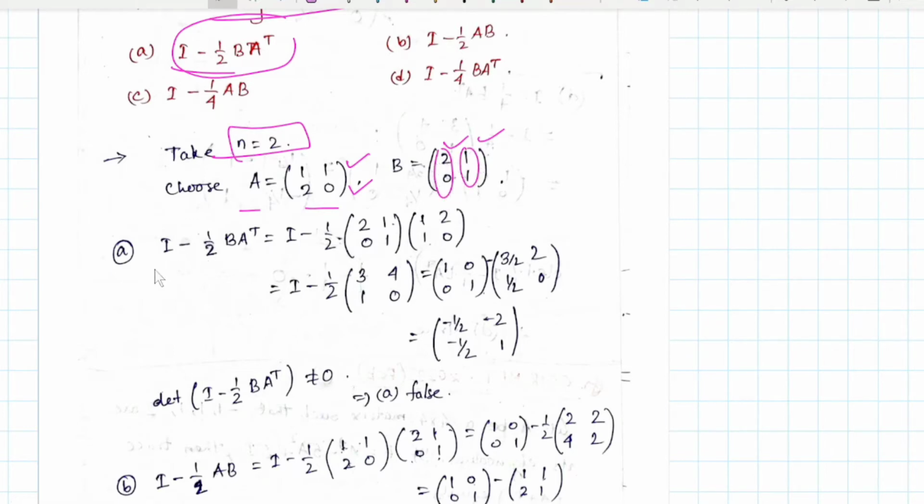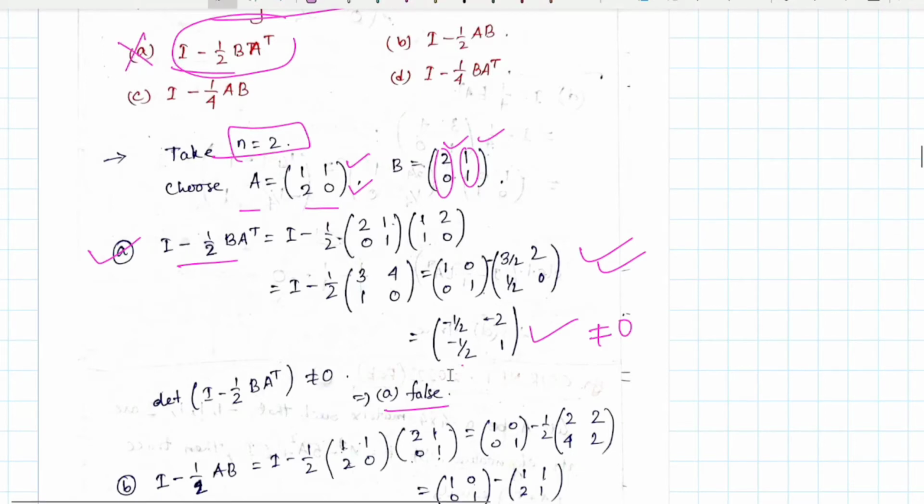First we check whether I minus half of B A transpose is singular or not. We calculate it and we get minus half, minus 2, minus half, minus 1, and this determinant is non-zero. So the matrix in the given option is not singular, this is a false option.